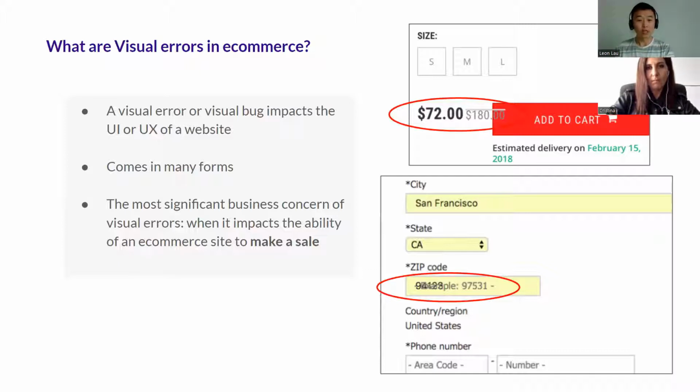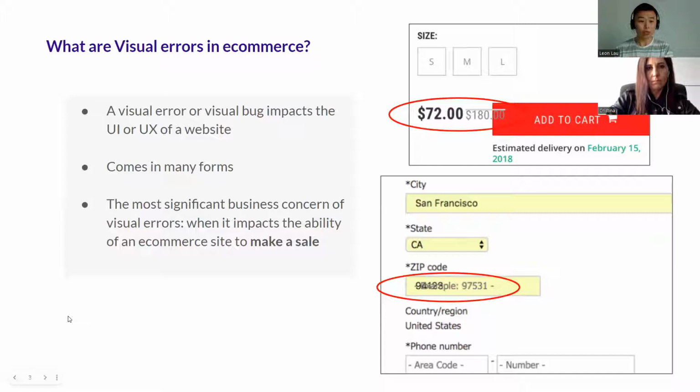So I'm sure most internet users have seen a visual error at least once in their lives. As you can see here in this first screenshot, the price is not very well displayed, and it can possibly create doubt for the user who sees it. In the second screenshot here, there seems to be an overlap in the text display. So this can also potentially confuse the user in terms of what the next action is supposed to be on his part.